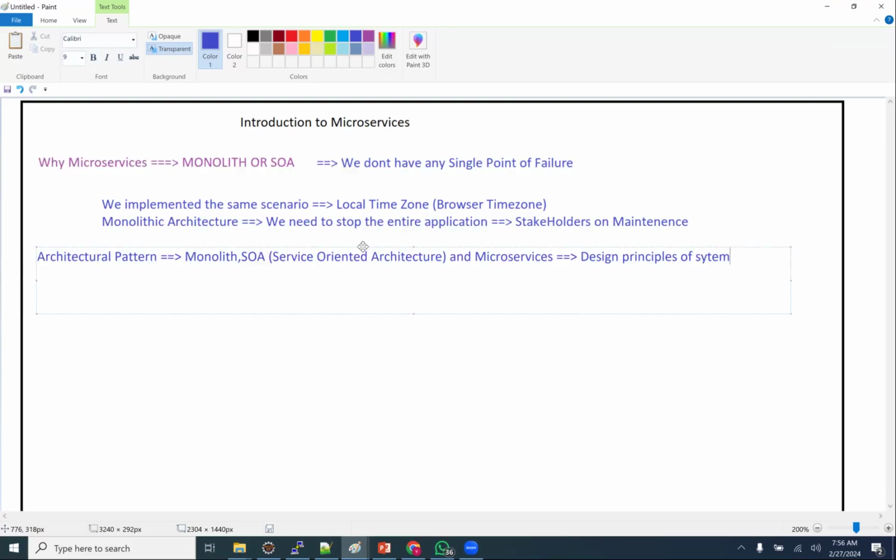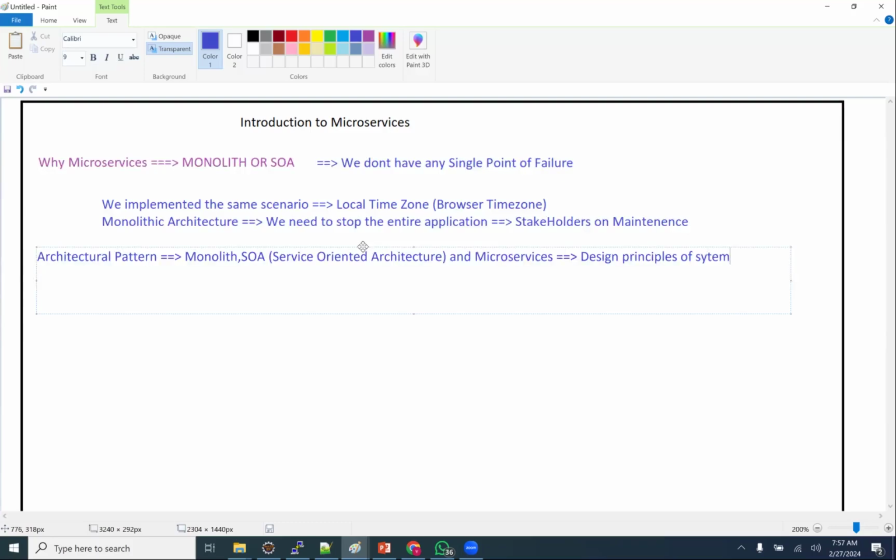What do the principles mean? One person will have some principles, some people will have some mindset. So monolith is one kind of design principle. SOA is another kind of design principle. Microservices are another kind of design principle.